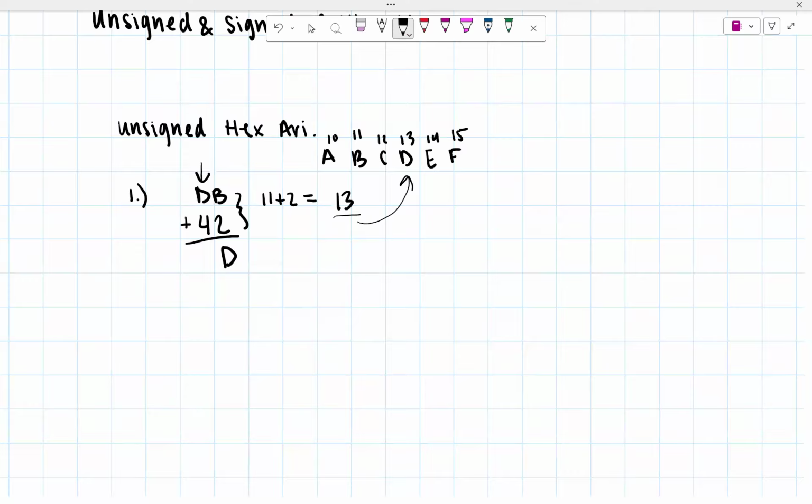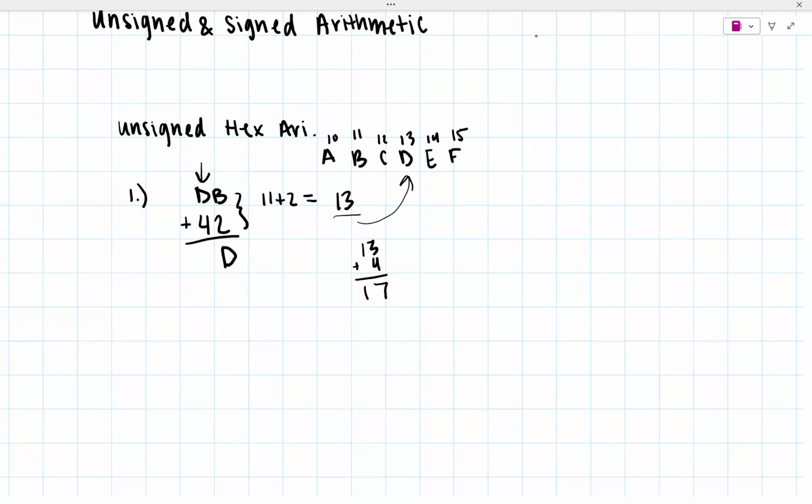Now let's look at this part. D plus 4. D we said was 13, plus 4, that's going to be 17, right?